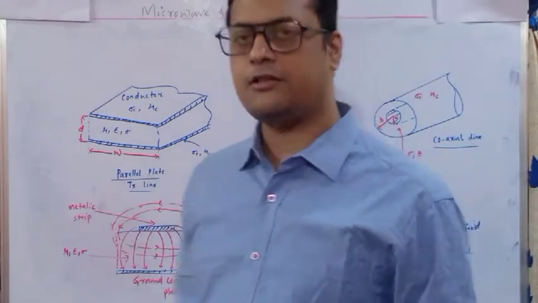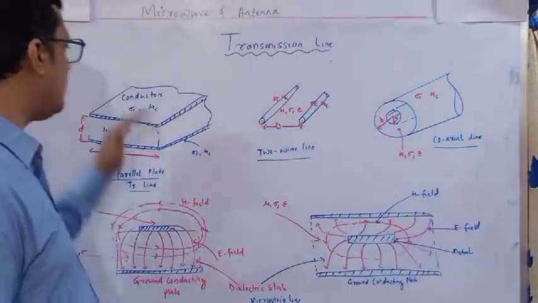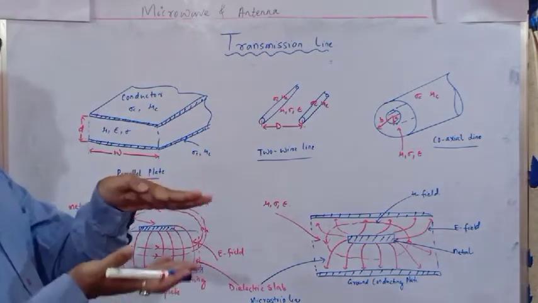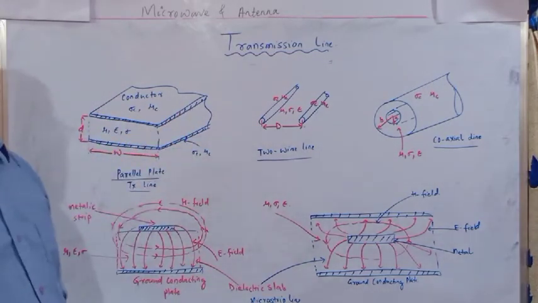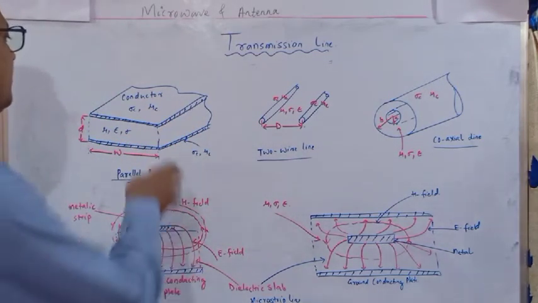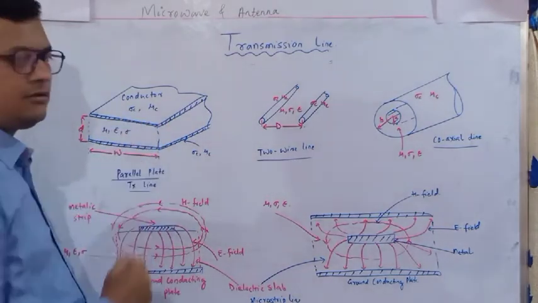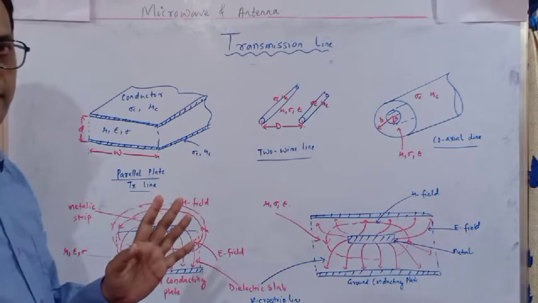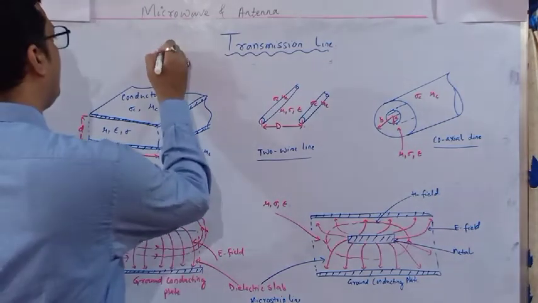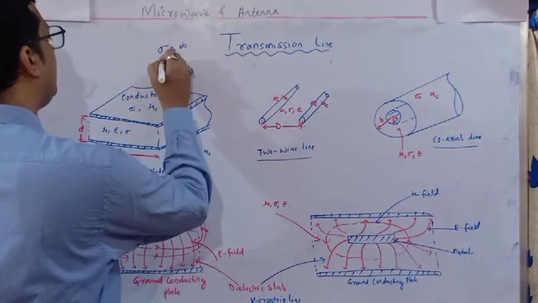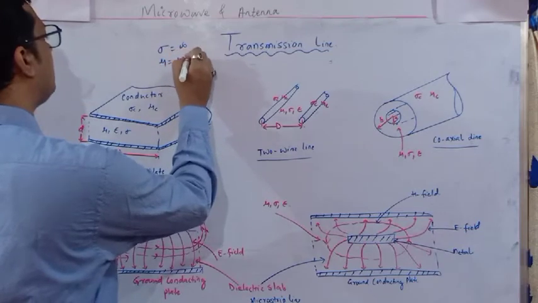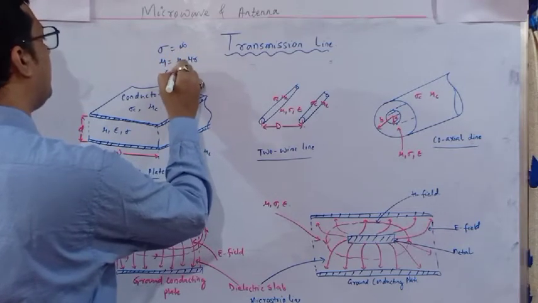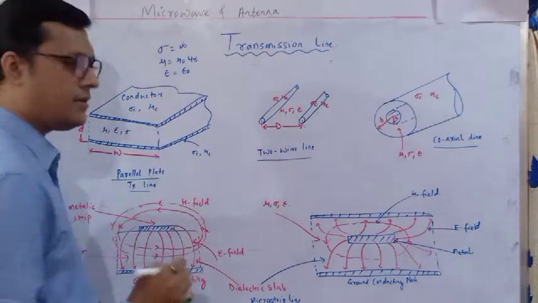So first one is a parallel plate. Okay, so this is one plate and lower one plate, and in between that the dielectric material is available. So upper is a conductor plate, lower one is also a conductor plate. So if it is a good conductor, what is the condition I have shown? Your sigma is infinite, mu is equals to mu naught into mu r, and epsilon naught is equals to epsilon 0.